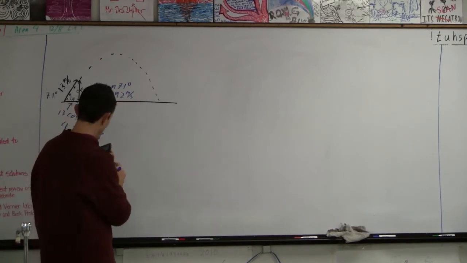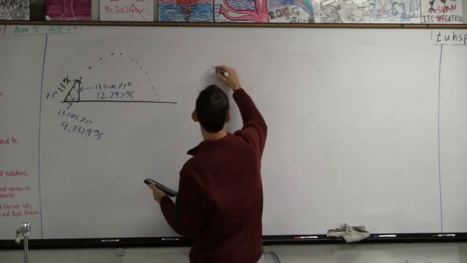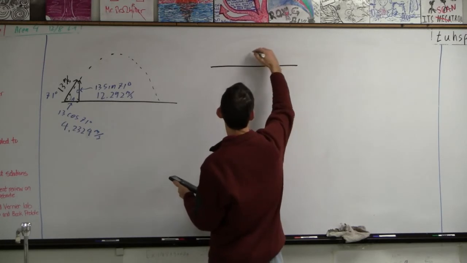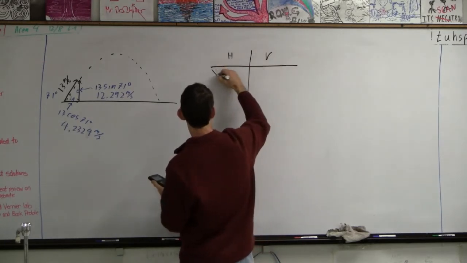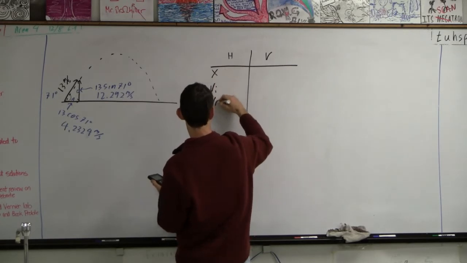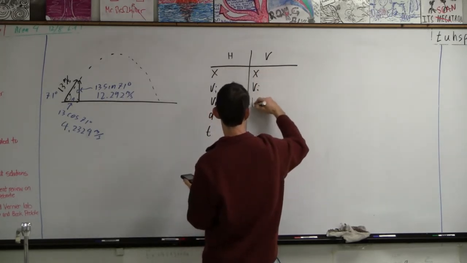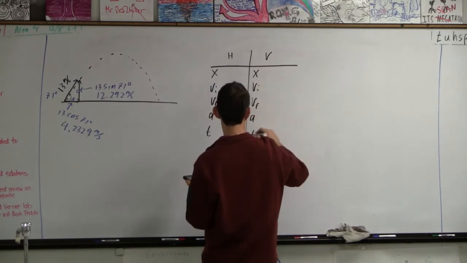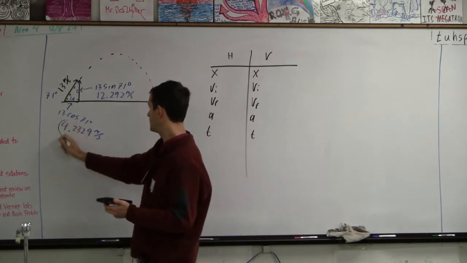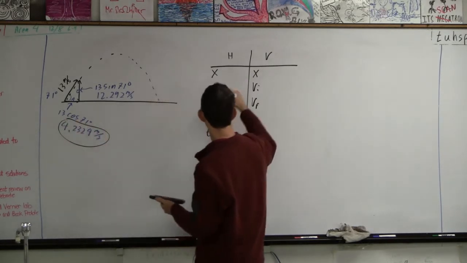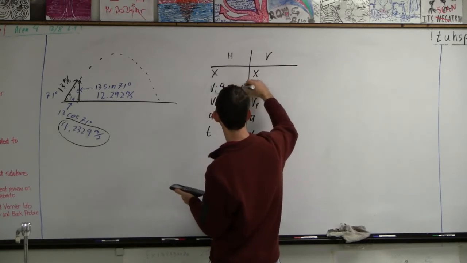Now the next thing to do is to set up a horizontal and vertical table: x, vi, vf, a, and t. And these numbers go in there. This is my horizontal velocity, 4.2324.